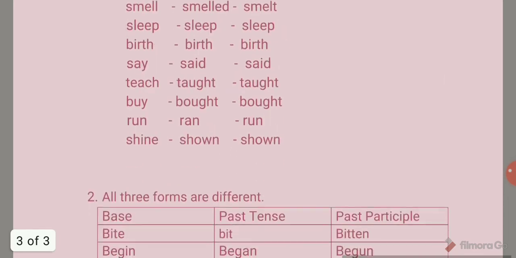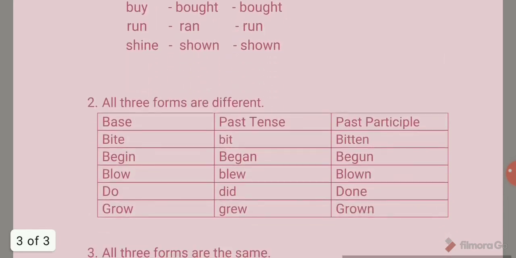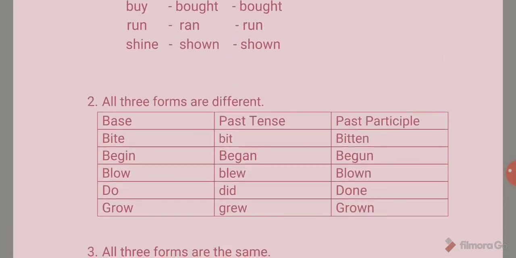Then there is another way of change in the base form, where it changes in three different ways. The base form of the verb is bite, it changes in the past tense to bit, and it also changes in the past participle to bitten.